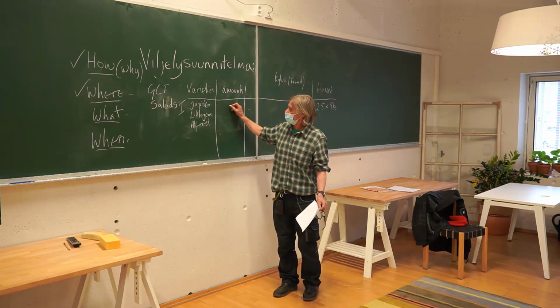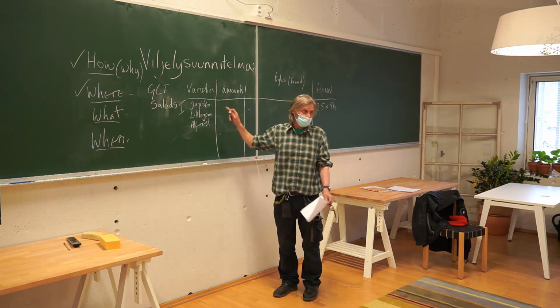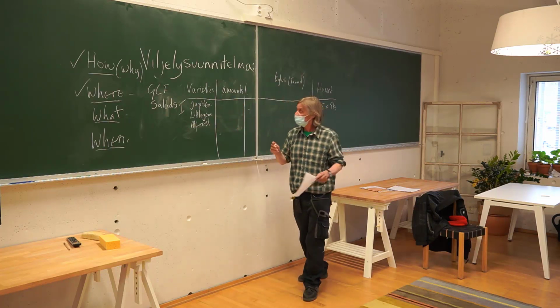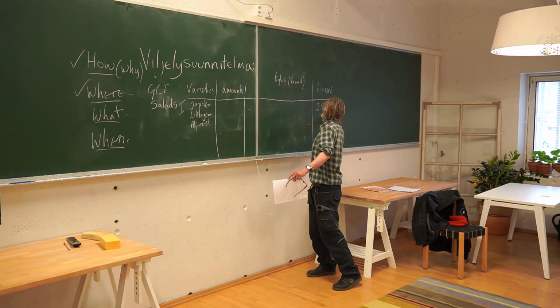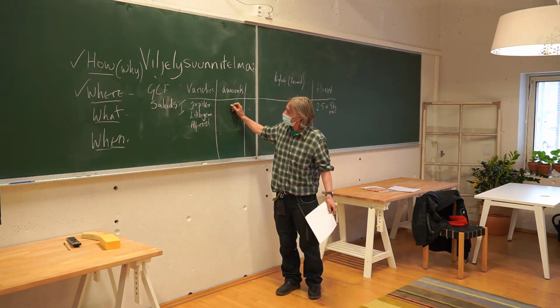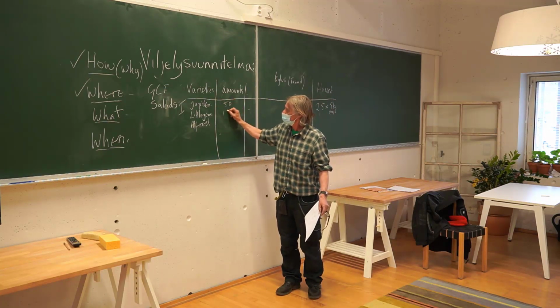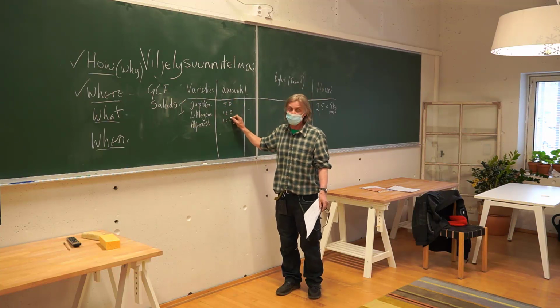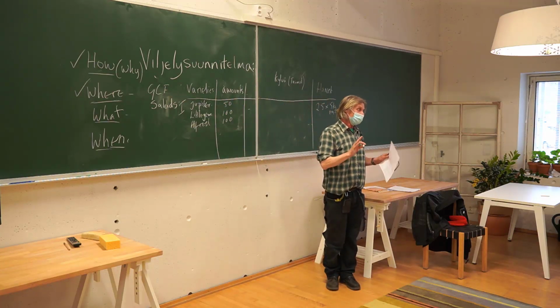We want 250. I know this, yes? 25 kilos is about 10 cups, isn't it? Yes? So we're going to have about 250. We have 50, 100, 100. Getting complicated, but this is how it is.